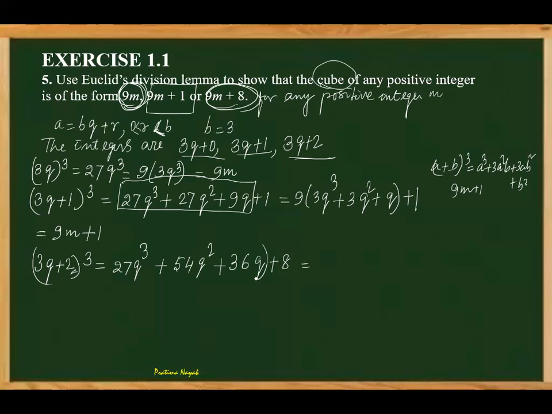So 8 I'll keep free, and from these terms I'll take 9 common, because I have to show it as 9m plus 8. If I take 9 common, I'll get 3q cube plus 6q square plus 4q, plus 8. So this will be 9m plus 8.